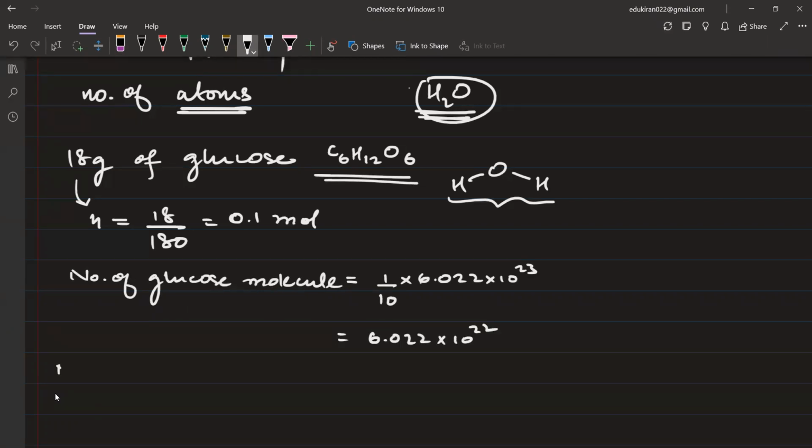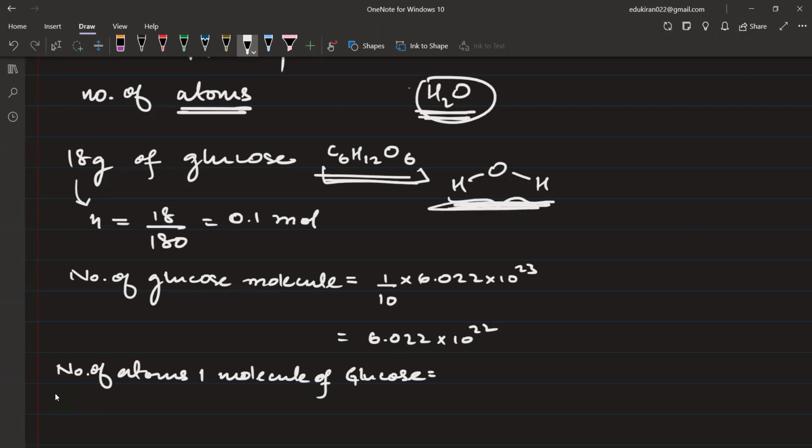Now you tell me, the number of atoms in one molecule of glucose, how many will it be? In this one molecule, how many atoms do I have? Look again, how many were there in water? There were 3. How? 2 hydrogens and 1 oxygen.